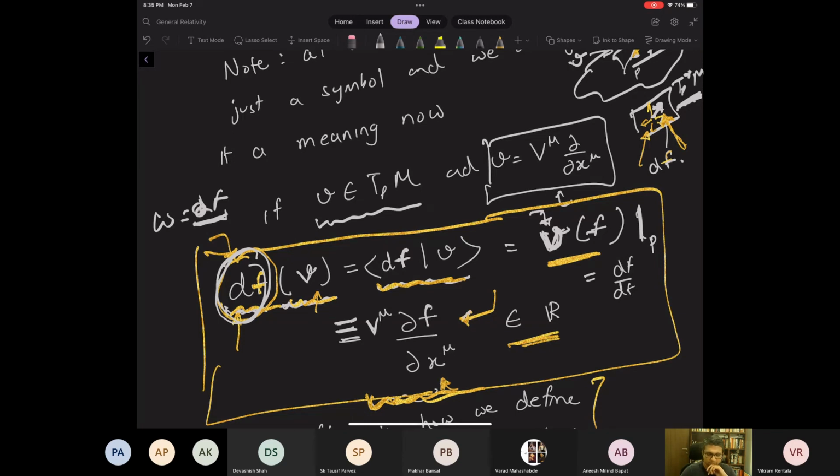You can see it in the definition. It's not just one function that gives you this dual vector. There are multiple functions that can give you the same dual vector, which all differ by a constant locally.